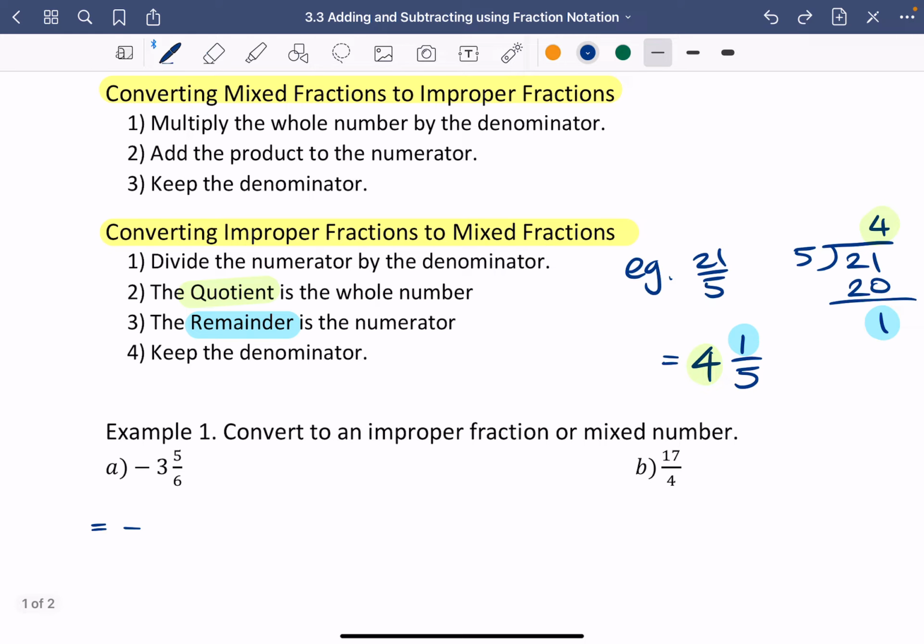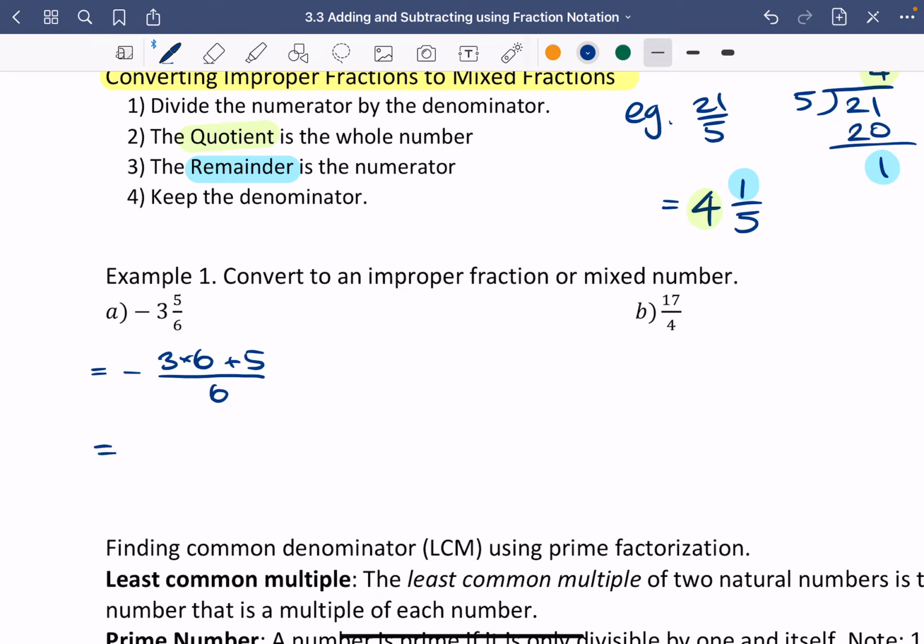So we multiply the whole number by the denominator, 3 times 6, and then you add the product to the numerator, the 5, and you keep the denominator, the 6. So 3 times 6 is 18, plus 5 is 23. So 23 over 6 will be your answer.